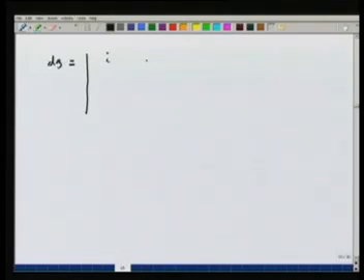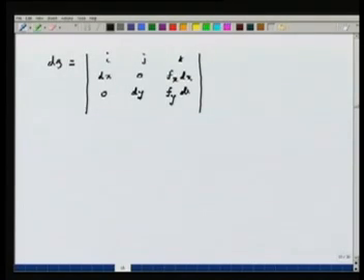I just write it as this determinant with i, j, k; dx, 0, I will simply write fx here, but what I mean is fx at xy; then 0, dy, fy. I have dx here and I have dy here. Then the norm of this vector, because after all area is going to be a number.